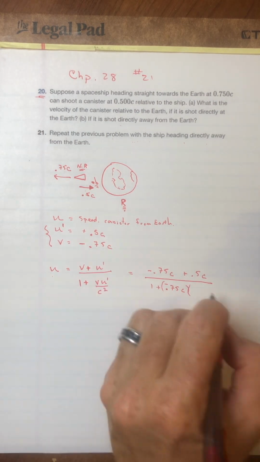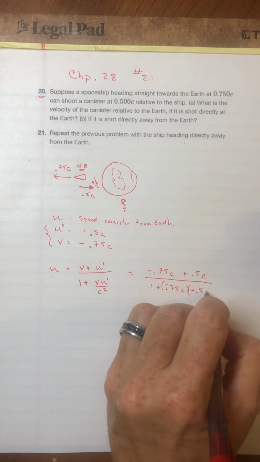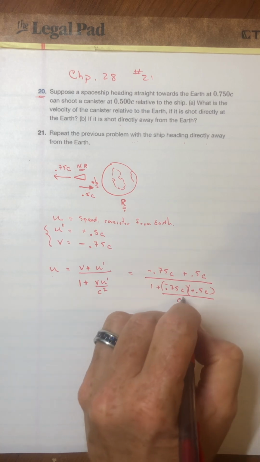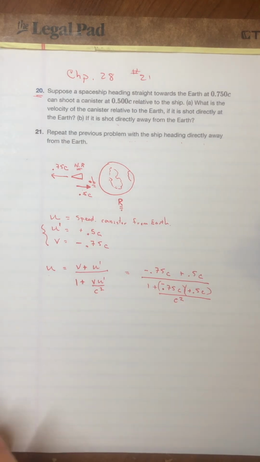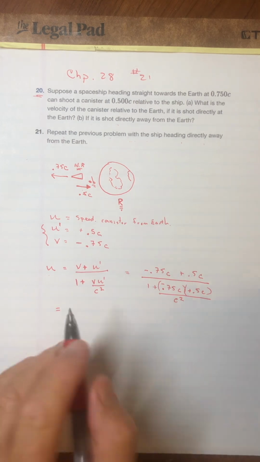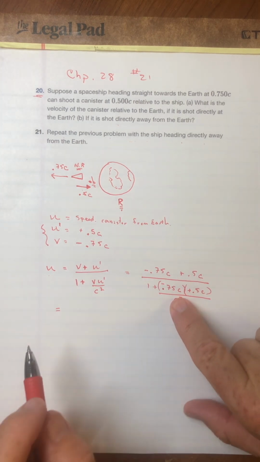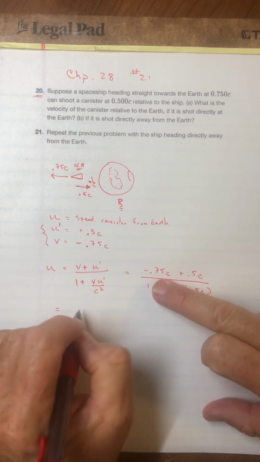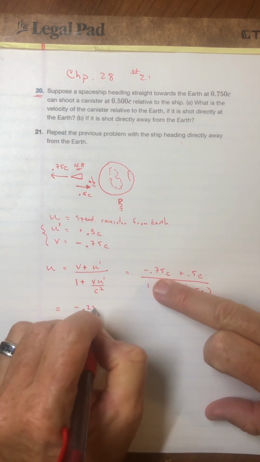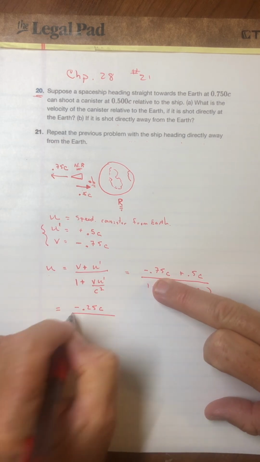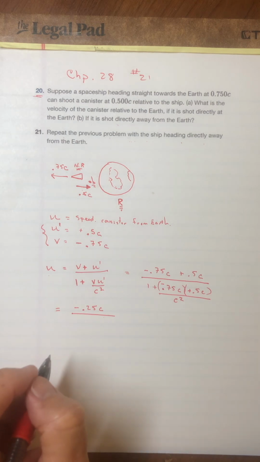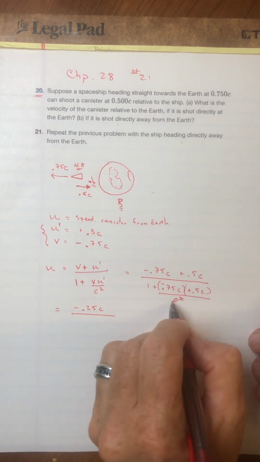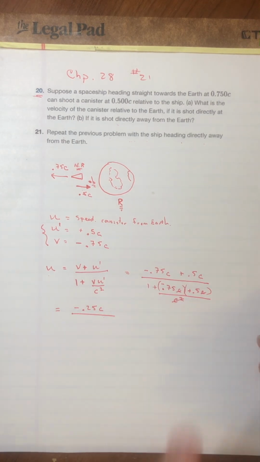And then we get the u prime as a plus 0.5 c all over c squared. Now you can see why we like labeling them in terms of the percentage of the speed of light. Because in the top, this would be a negative 0.25 c. And in the bottom here, the c's would cancel off.